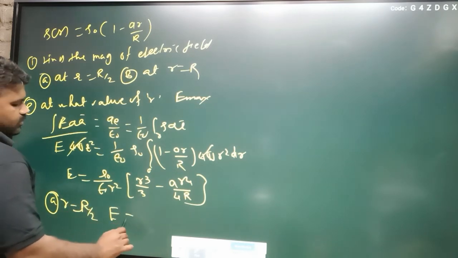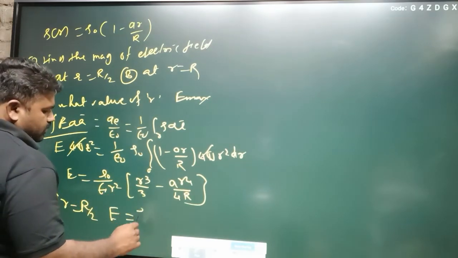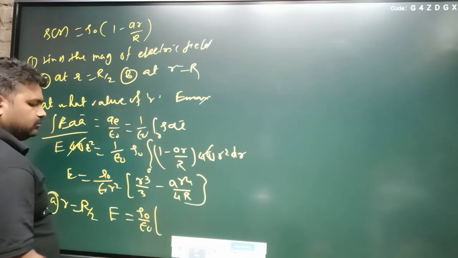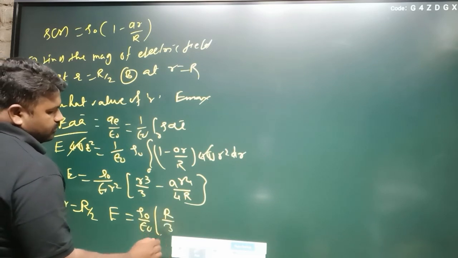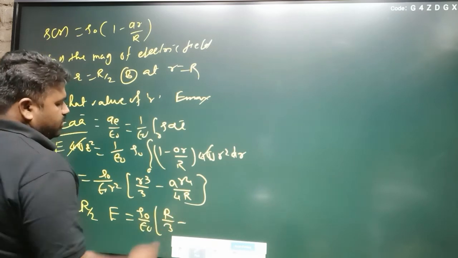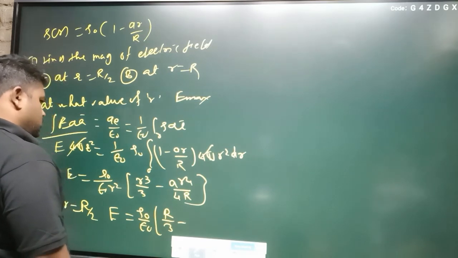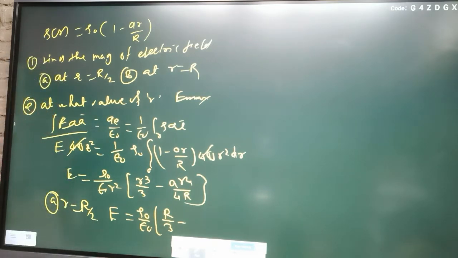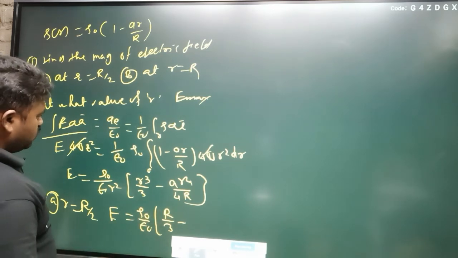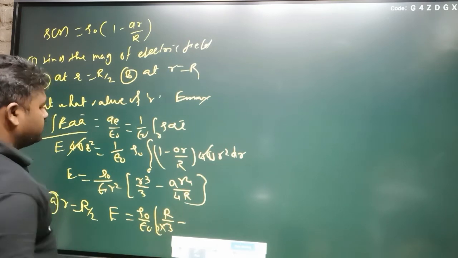Then E equals rho naught upon epsilon naught times r square: R upon 3 minus a R square by 4, which becomes R upon 6, capital R upon 6, since we take small r equal to R by 2.